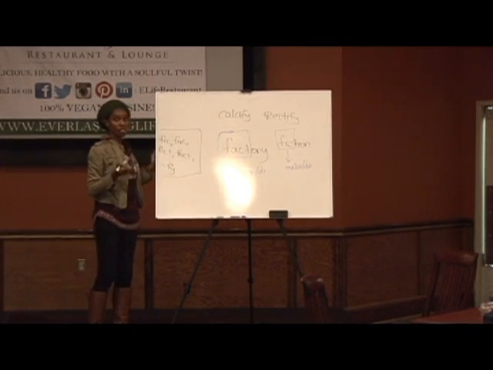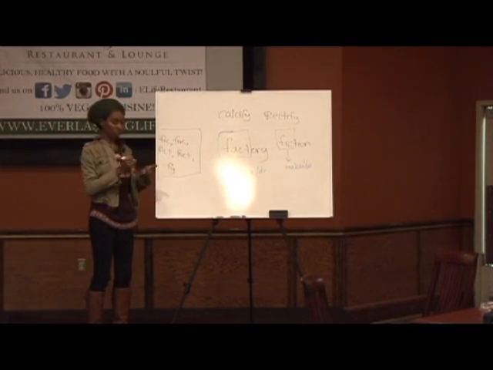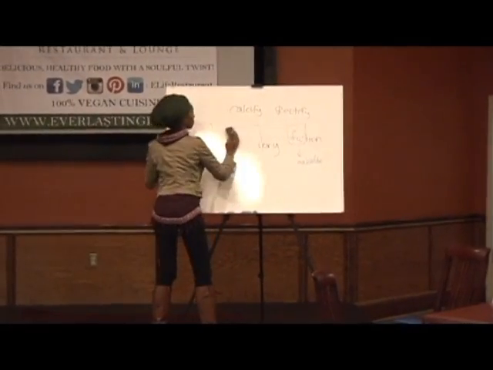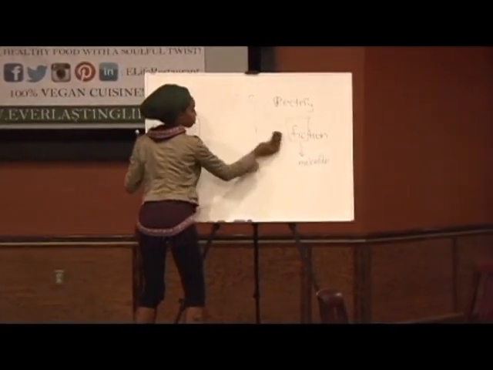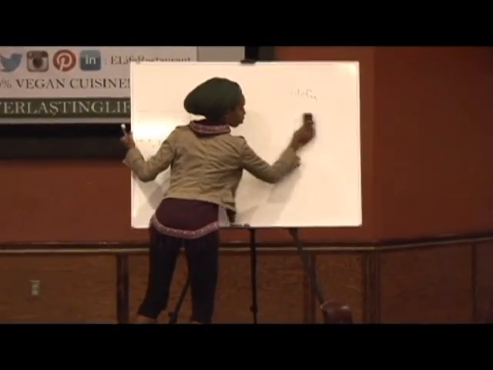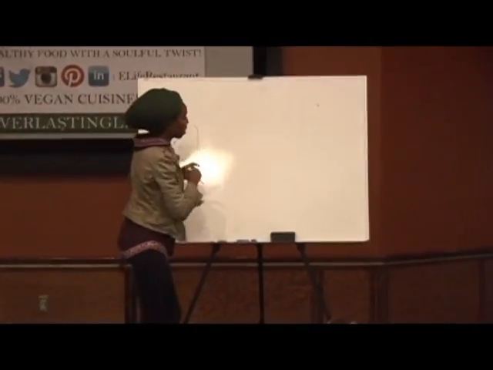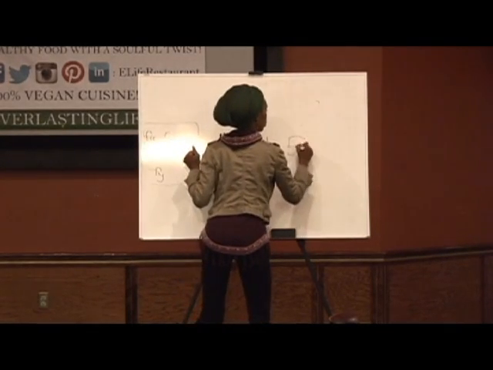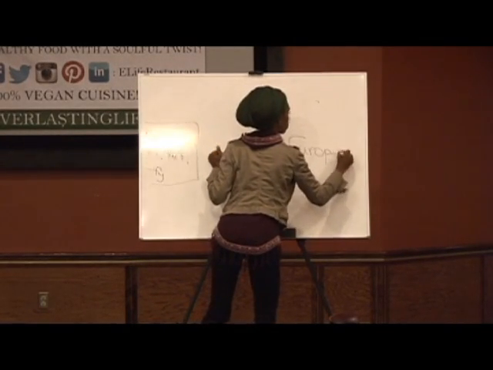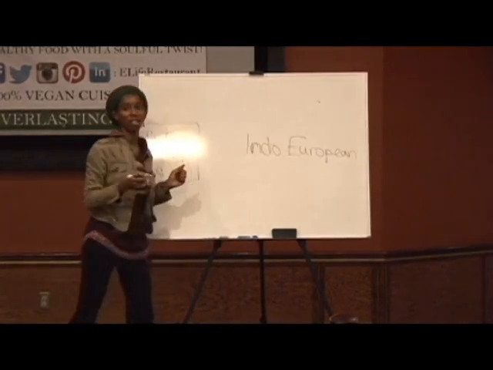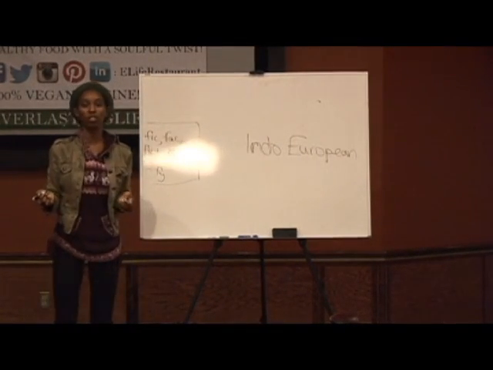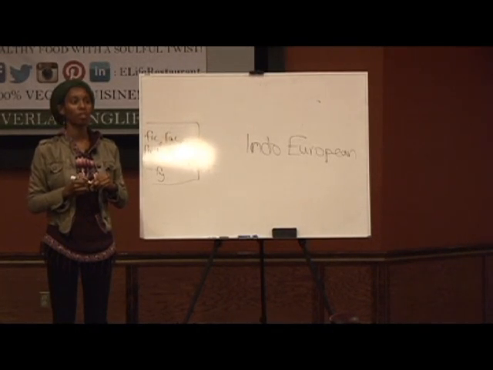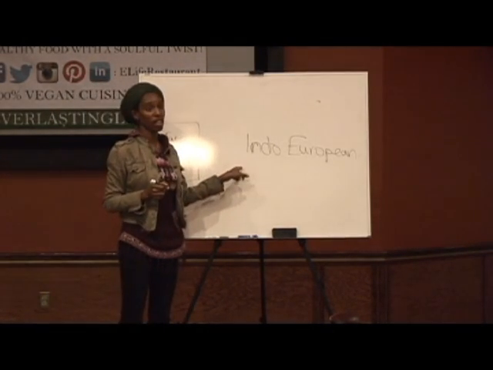However, we also talked about what we call the Proto-Indo-European root. Can anybody tell me what I mean when I refer to the Indo-European root? If not, I will take the time to go over it. Correct, it is the family of language.